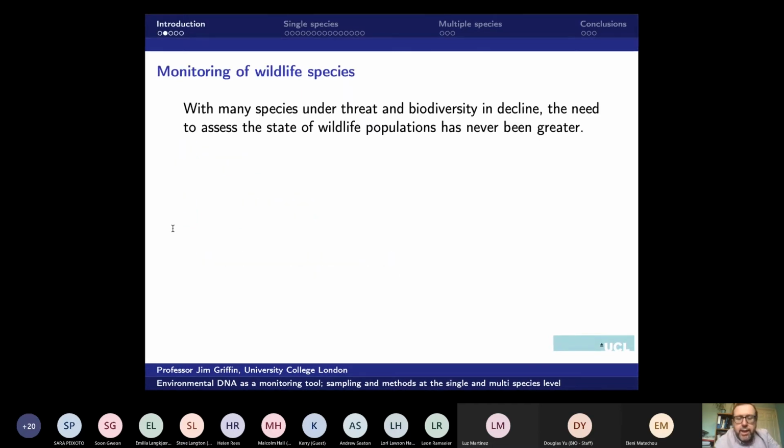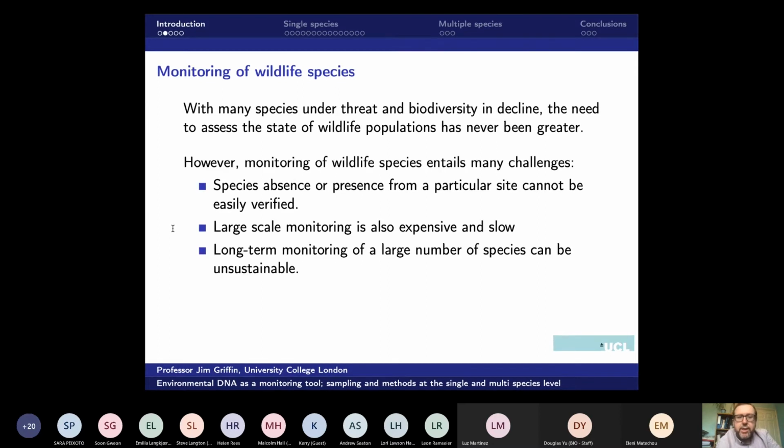I think a lot of this people have gone through today: the importance of monitoring wildlife species, and some of the challenges faced. In particular, as Doug was saying, we observe species at particular sites, but it may be that the species is actually there and we don't observe it. That can be particularly challenging for certain types of species.